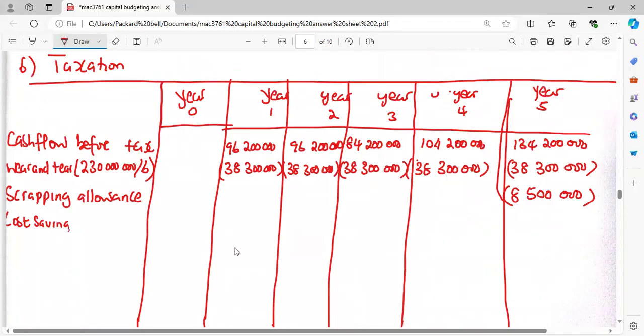And the cost saving is going to have a cost benefit, which is going to be 740,000 minus 140,000. How much are we going to have as our cost saving? It's 600,000.